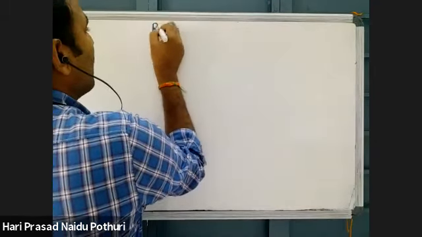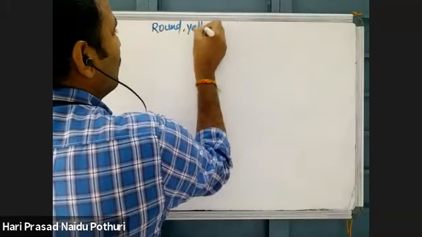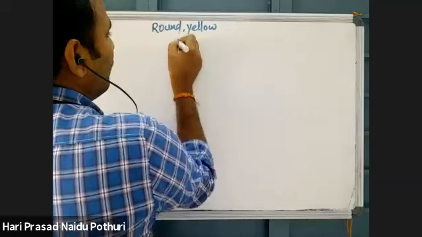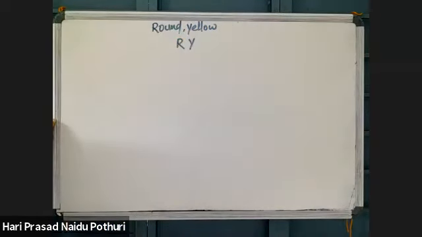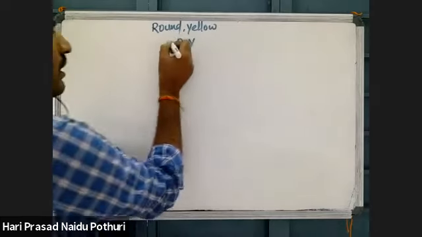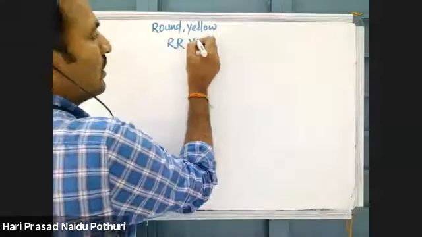Take a cross: round, yellow, capital R, capital Y. Capital R round is dominant, yellow color is dominant, homozygous condition.